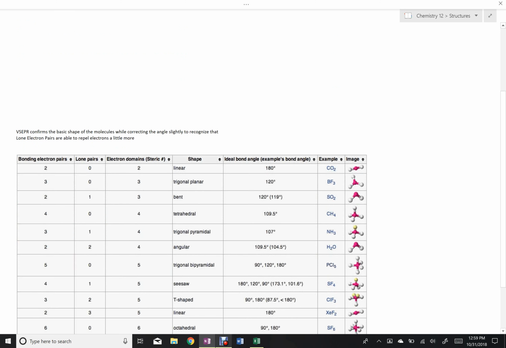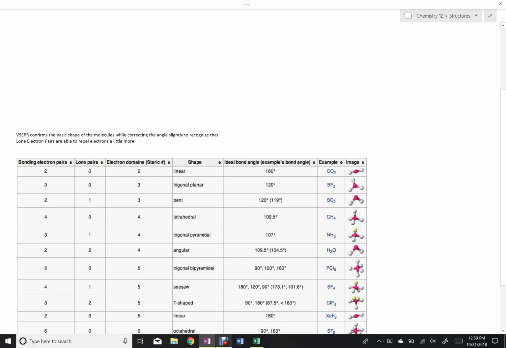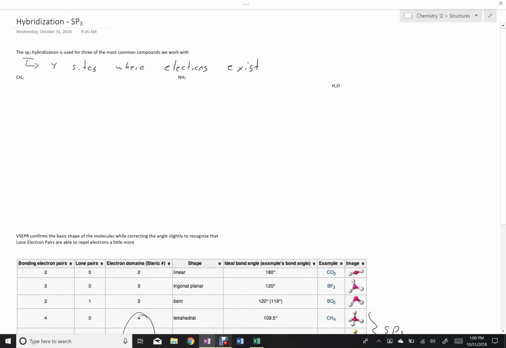So when I look at this list and I compare it to this, I'm going to be looking at these 3 VSEPR shapes. These VSEPR shapes are all the sp3 VSEPR shapes. There's 4 different spots where the electrons are. So let's start with CH4.